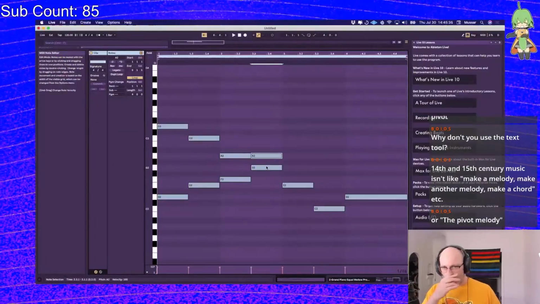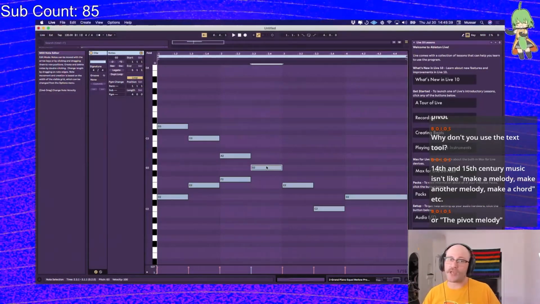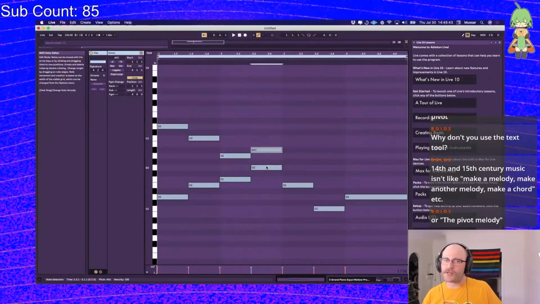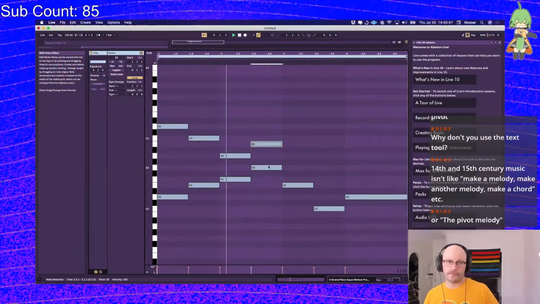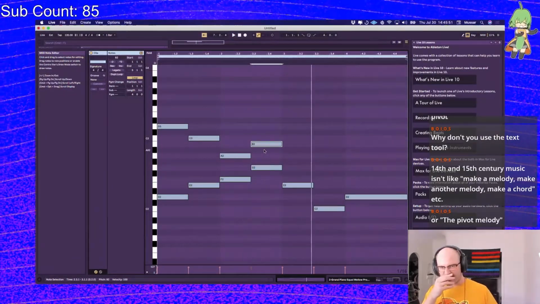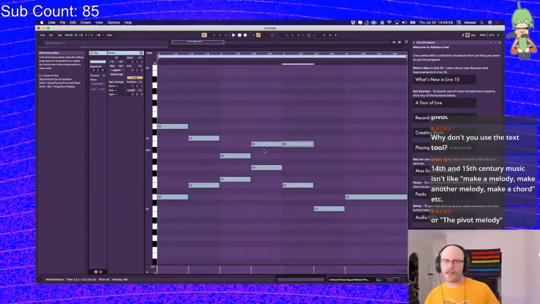So if we do contrary motion, we're going to end up with a perfect unison, which is okay, but we want to maintain a little bit more independence of our voices. So this is going to come up to the B. So let's see, how can we do this? We could either step up, but let's do some oblique motion.